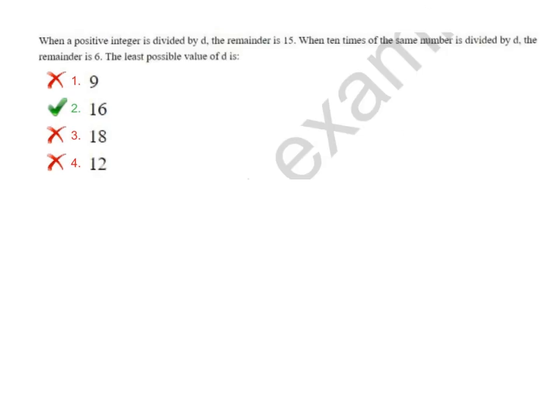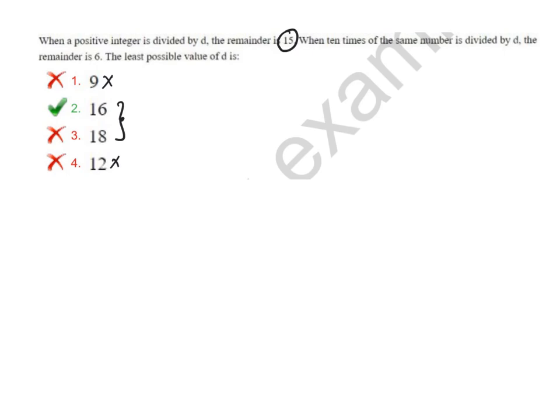Now, the positive integer is divided by d, the remainder is 15. Then 10 times of the same number is divided by d, the remainder is 6. The least possible value of d. If it is leaving remainder 15, d cannot be less than 15, d should be more than 15, so these two cannot be accepted. Now only these two you have. In that, let's see if 16 is the answer or not, otherwise you can go for 18.